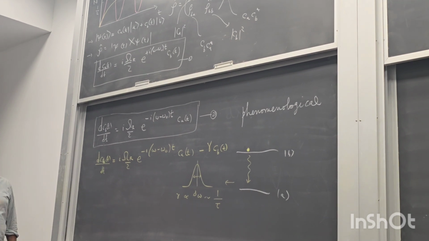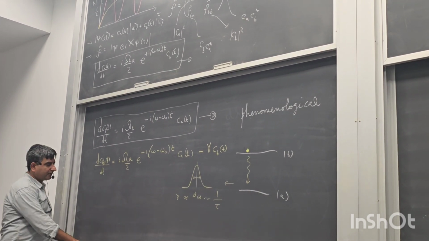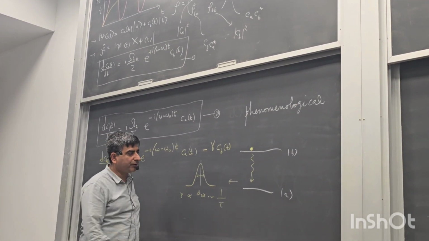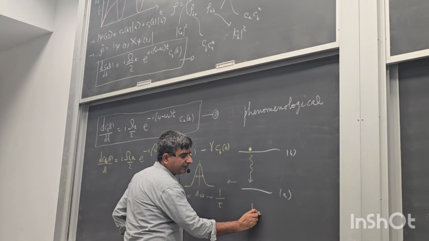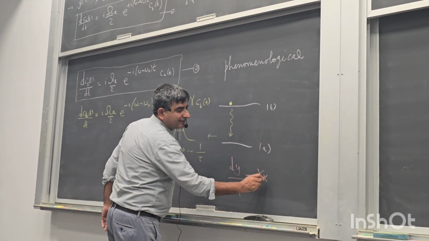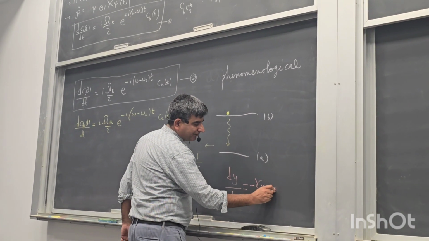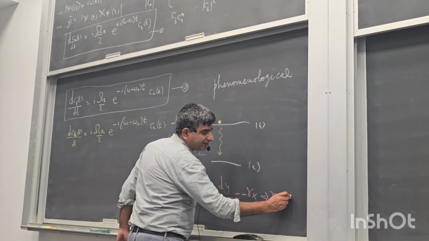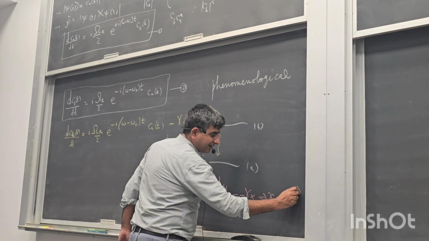Right? So why have we put this in the equation? We already know that if we have something of this kind, dy over dx is minus gamma y, the solution to this is y equals y naught e to the minus gamma x, correct?